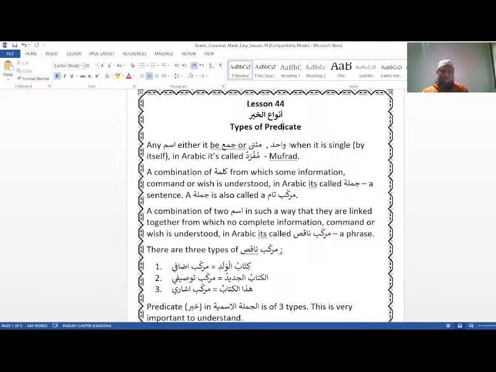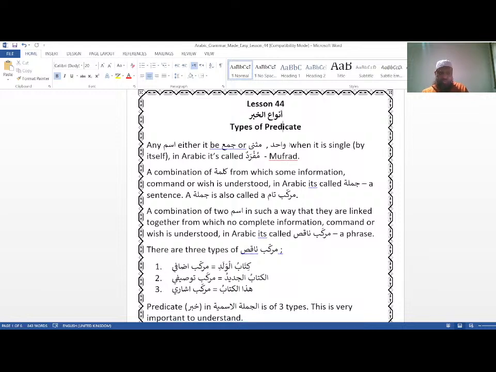For example, waladun is a word by itself, so we'll say this word is mufrad. Waladani, this word by itself, still we're going to call mufrad.